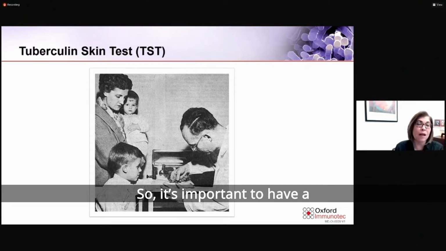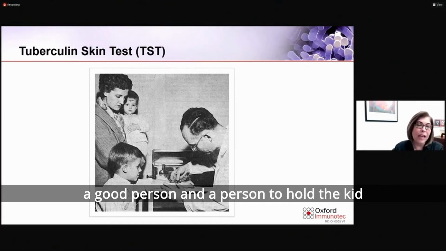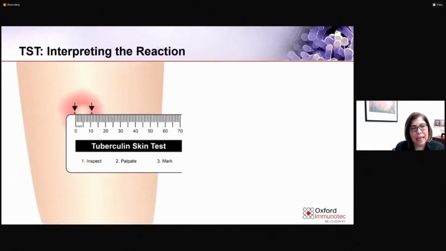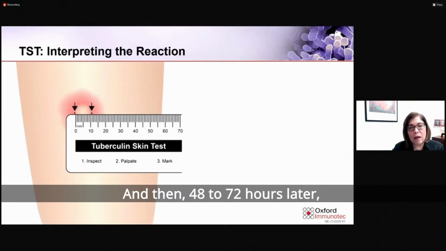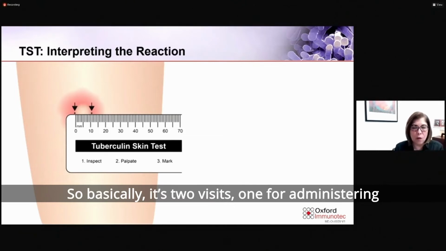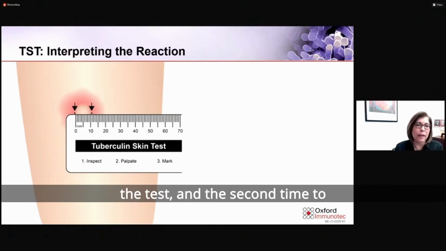So it's important to have a good person and a person to hold the kid before trying to administer this test. And then 48 to 72 hours later, you interpret the test. So basically it's 2 visits, one for administering the test and the second time to interpret the test.